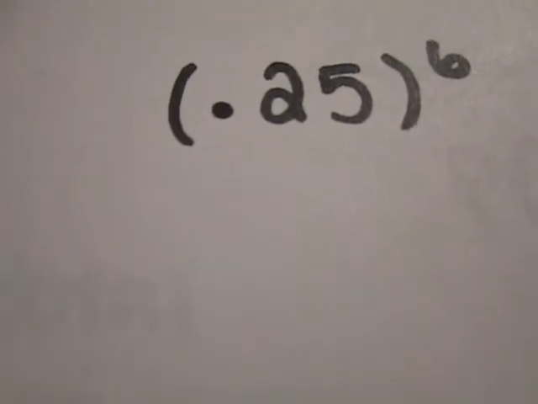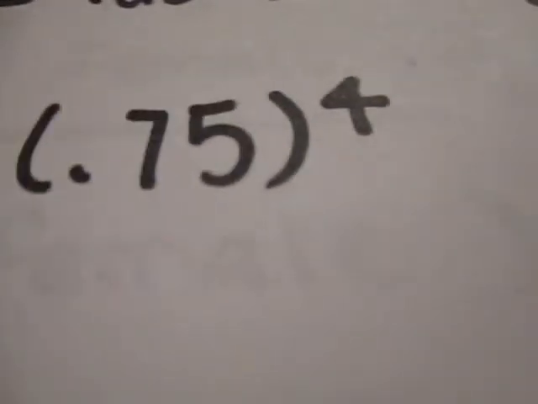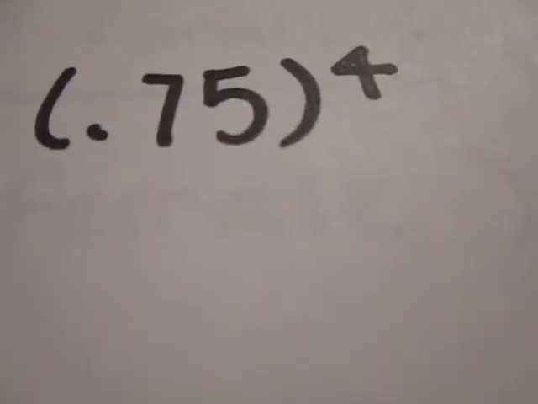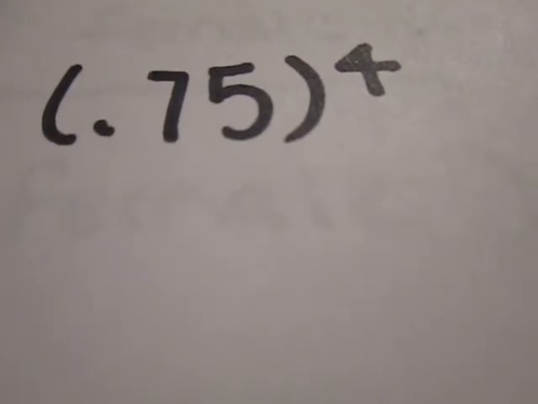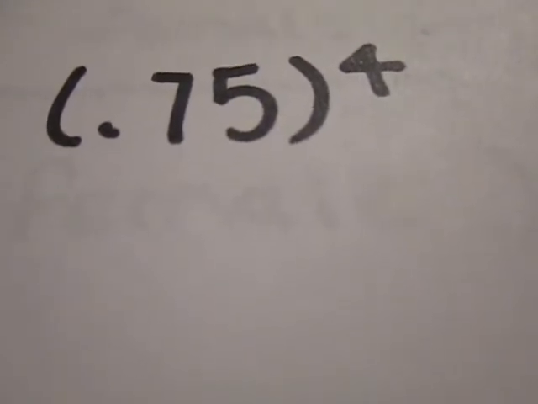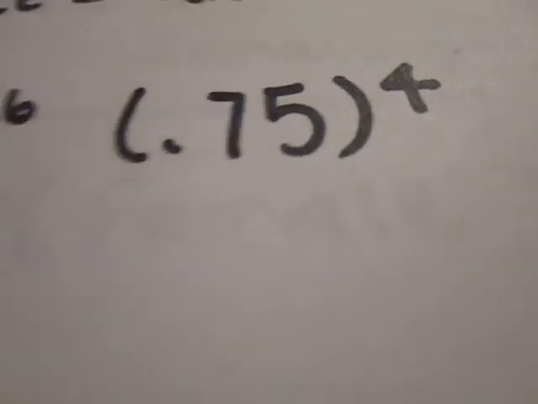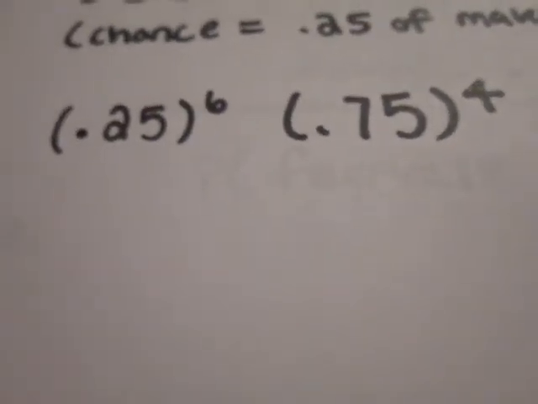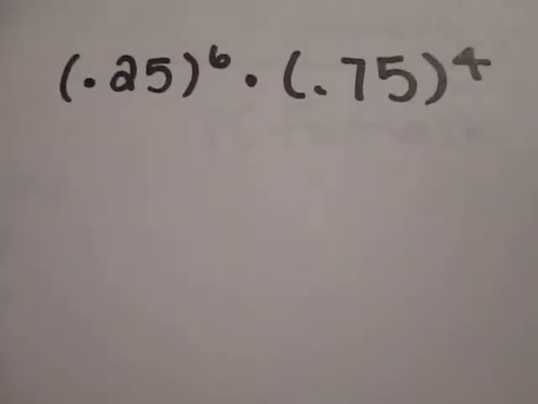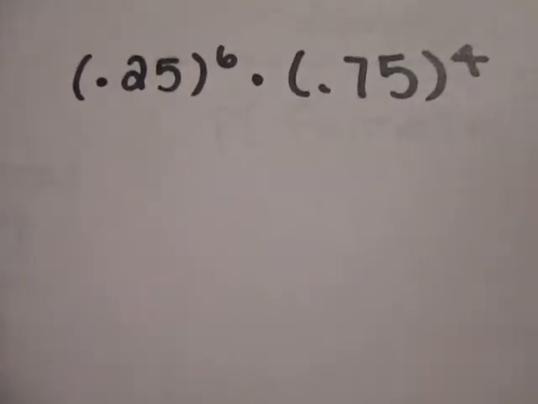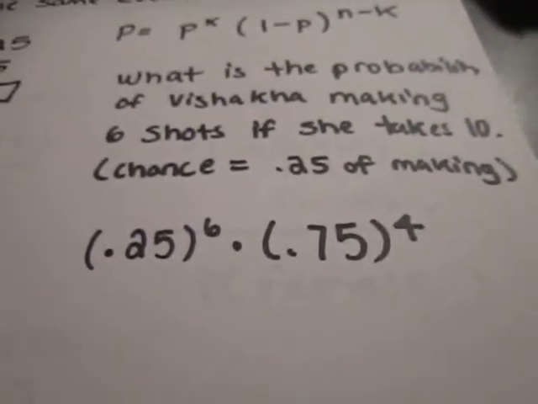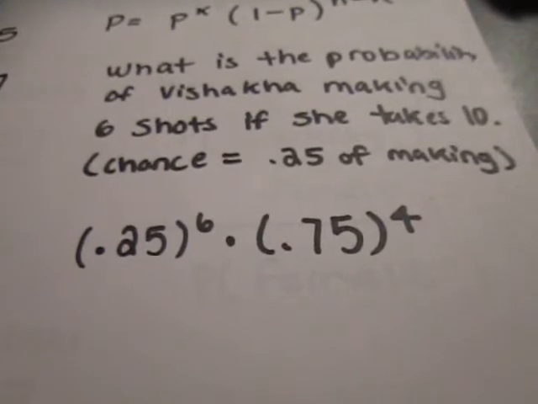However, you also have to take into account the shots that she didn't make, which is 4. So you have to take the probability that she does not make a shot to the 4th power. And afterwards, you have to multiply them both together. Then, after multiplying them both together, that would give you the probability of her making 6 out of 10 shots.